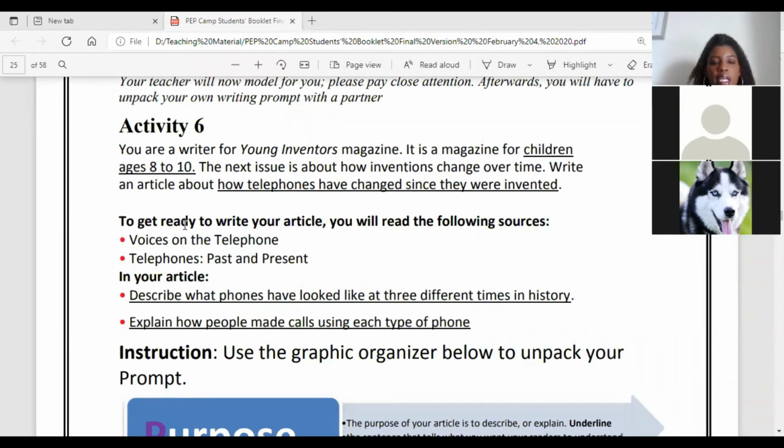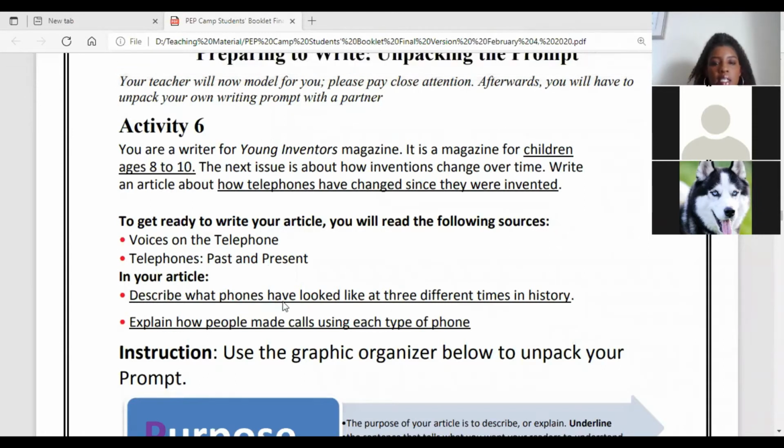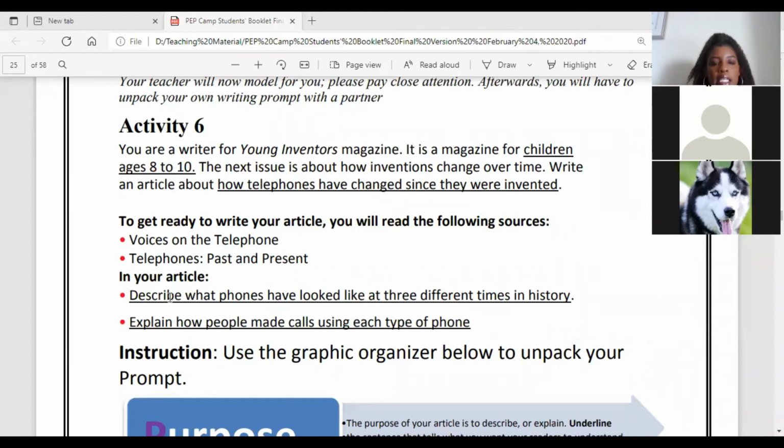To get ready to write your article, you will read the following sources: Voices on the Telephone, Telephones Past and Present. In your article, describe what phones have looked like at 3 different times in history. Explain how people made calls using each type of phone.